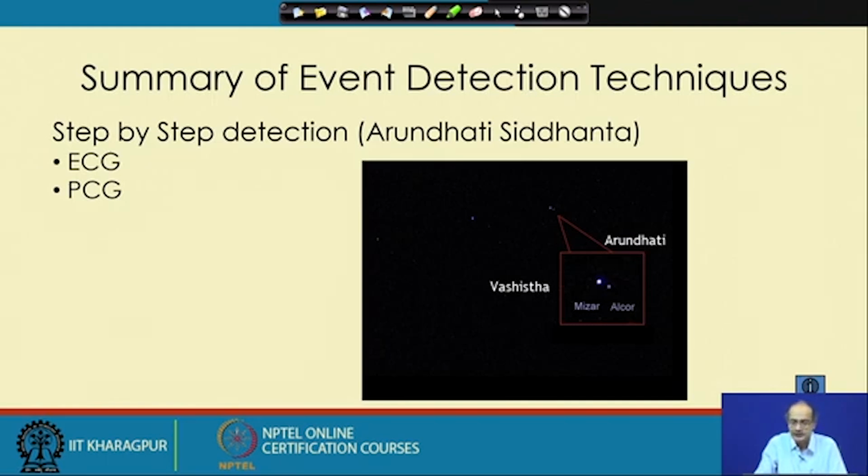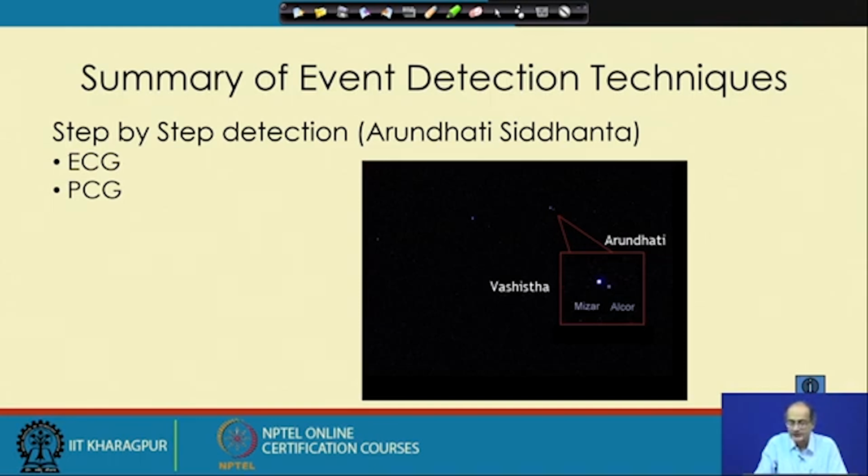Okay. Let us first start with an anecdote, and then get back to our examples. When you look at the north sky, there is the north pole, and there is the most prominent star, which is known as Vashishta. When we look at that star, beside it there is a small twinkling star.